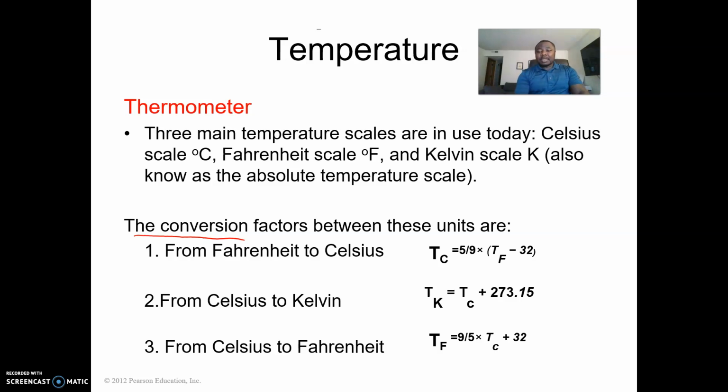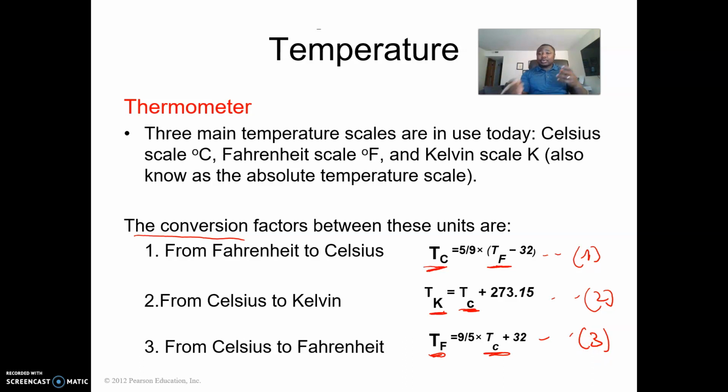For example, let's say you want to move from degrees Fahrenheit to degrees Celsius. I beg your pardon, you're going to use equation 1 to do that. If you want to move from degrees Celsius to degrees Kelvin, you're going to use equation 2. In the same vein, if you want to move from degrees Celsius to degrees Fahrenheit, you can use equation 3.